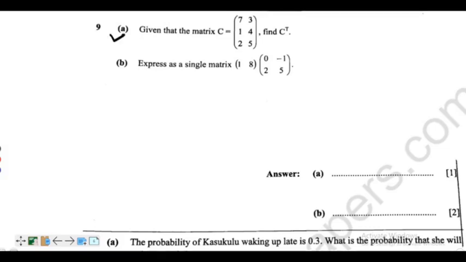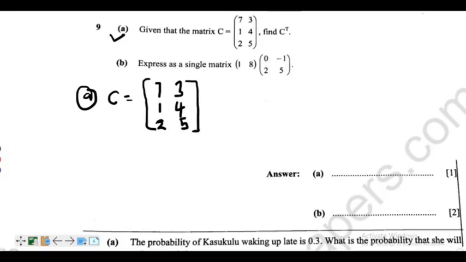Given that matrix C, which is this one, 7, 3, 1, 4, 2, and 5. They want you to find C power T. Now C power T is read as C transpose.